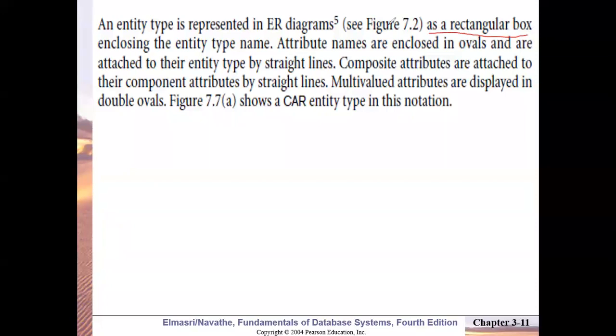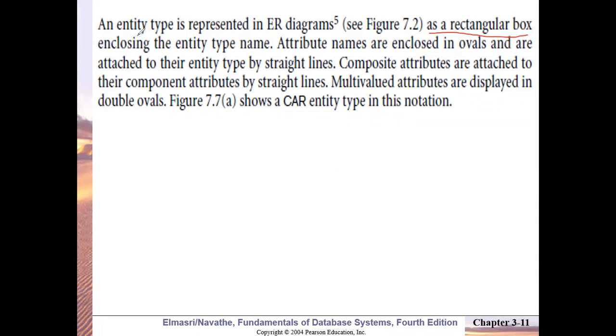So the rectangular box is the entity type. Generally we call them entity also, but actually it means entity type. Individual entities are not shown in an ER diagram, remember. Only the common group is shown, like the student group will be shown, but not individual students.